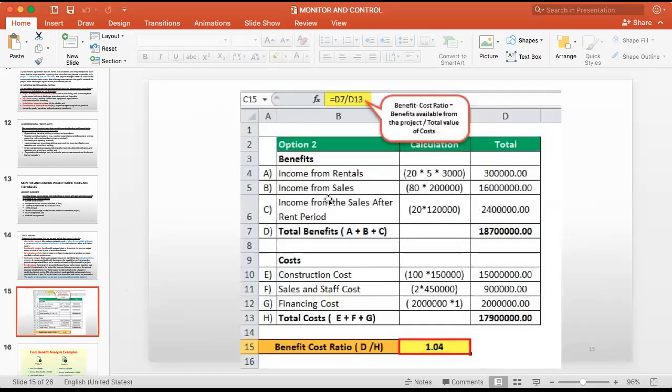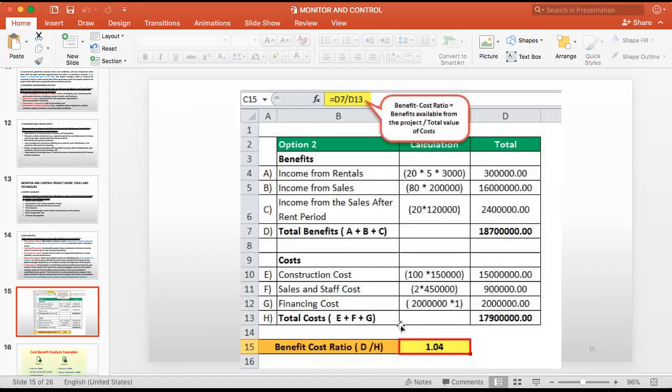Income from rental, income from the sales after the rental period is this much, total benefit is this much. When you calculate the cost, construction cost this much, sales and staff cost, financial cost is this much, your total cost is this much. So for cost benefit analysis you divide this by that, and you get 1.04. This is not a comparison, this is how to calculate the ratio.